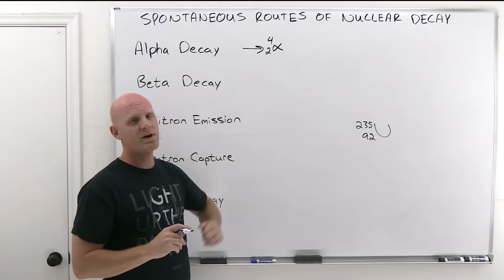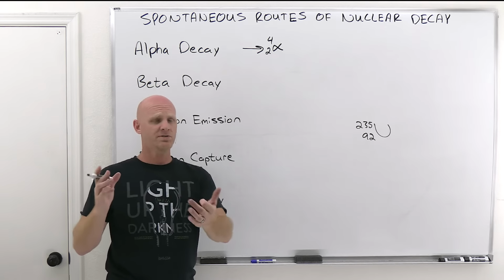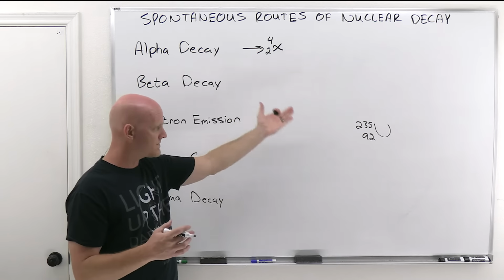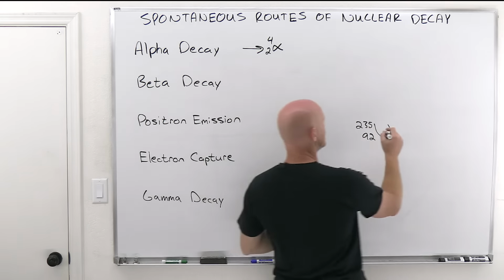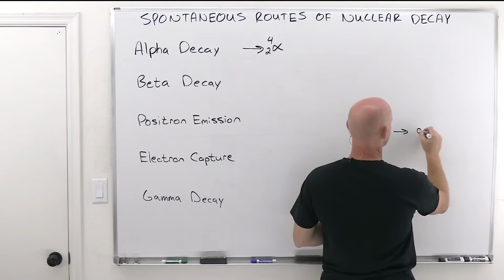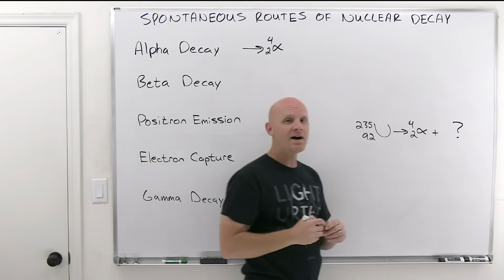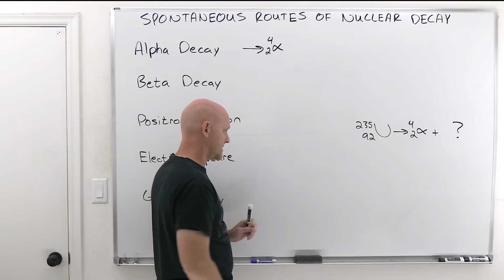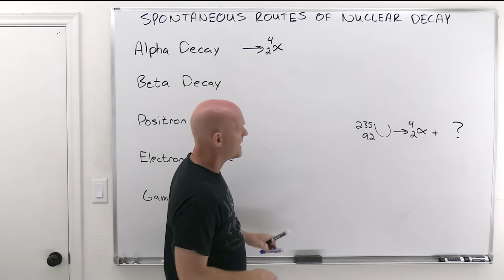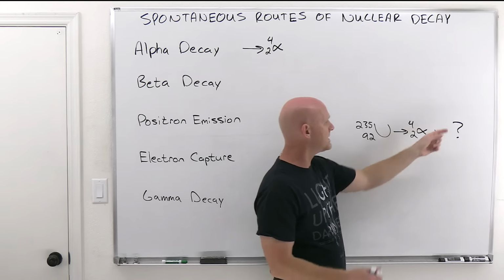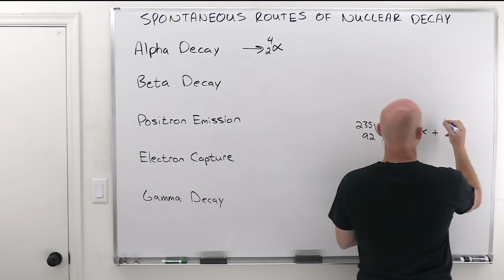What would alpha decay look like? If the question was, predict the product of alpha emission or alpha decay of uranium-235, I'd start with uranium-235, and then eject an alpha particle as a product, and then see what I have left on the product side. We need the mass number 235 on the product side, so 4 plus a total of 231.